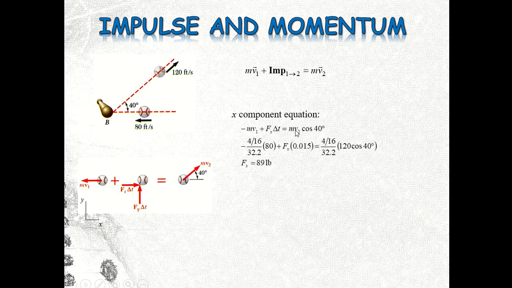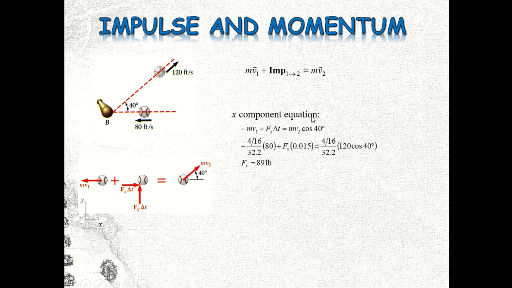Solving for the x component equation: the ball is going in the left direction, so we assume that to be negative, and the force going to the right we assume as positive.